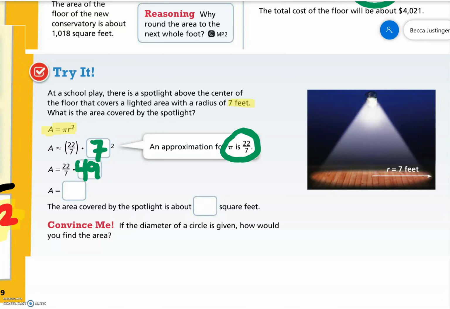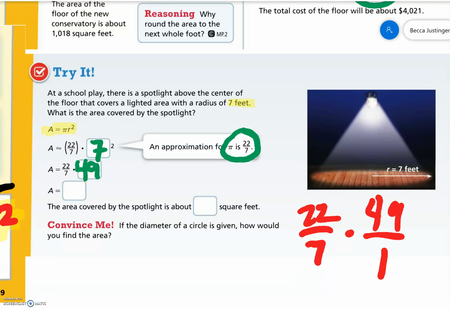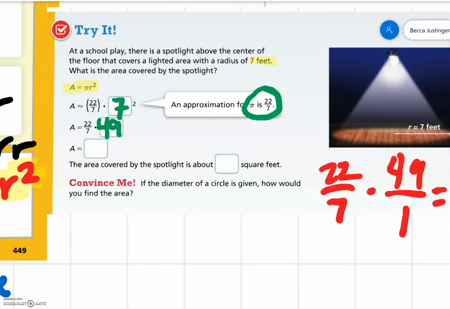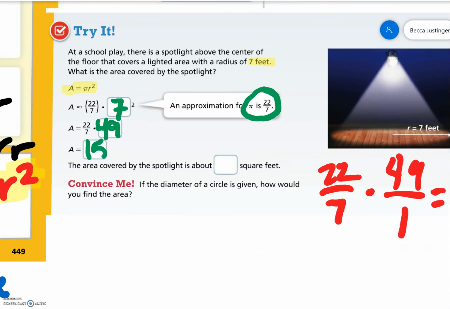And if we do 22/7 times 49/1, we do 22 times 49, which gives us 1,078. Divide that by 7. We get 154. So the area covered by the spotlight is about 154 square feet.